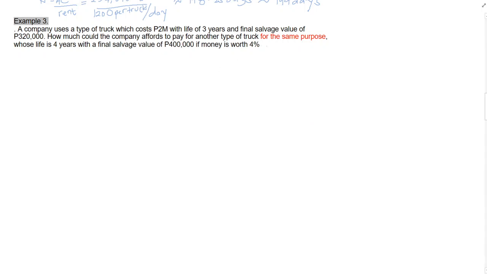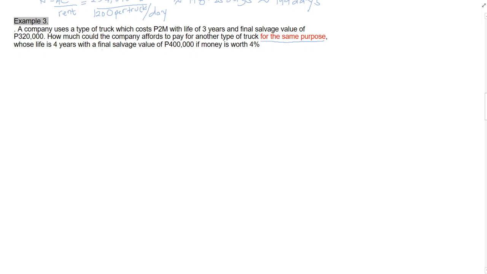Since it is mentioned that it is for the same purpose, we just equate the two trucks, okay? So whose life is 4 years with a final salvage value of 400,000 if money is worth 4%. So for this one, we denote this unknown as your truck B.